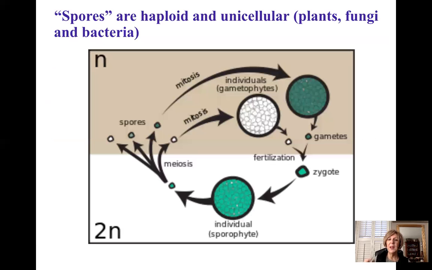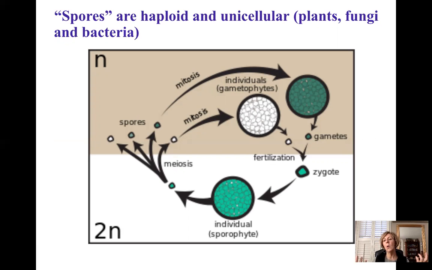And so we have this 2N condition, all right? And half the time, the plant is in the 2N condition, and the other half it's in the N condition. So we have these things in plants and fungi and some bacteria called spores, all right?